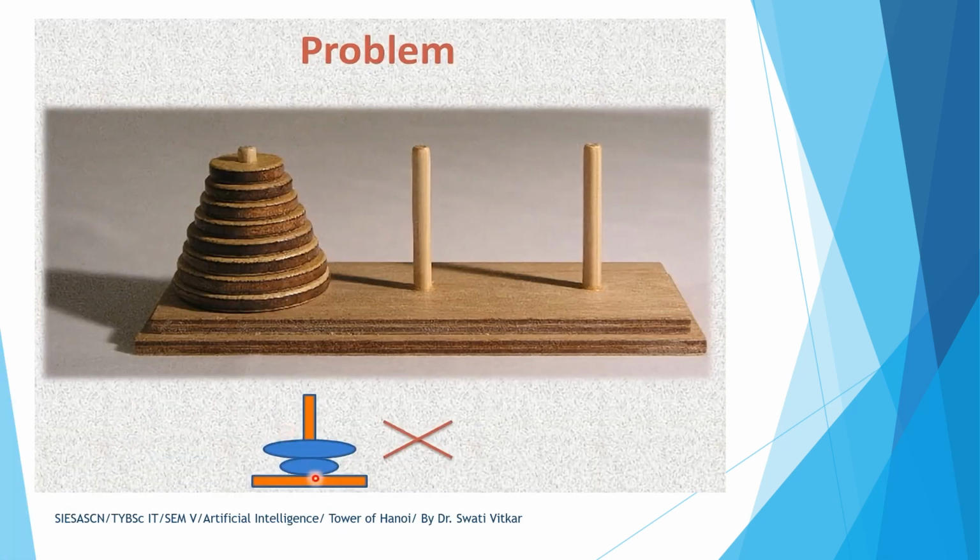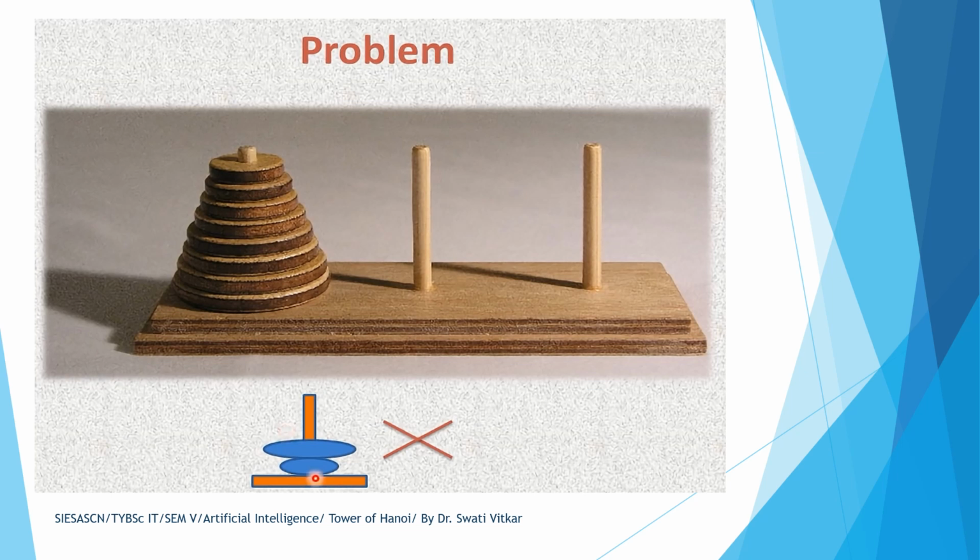given, and one of the towers has a stack of disks in decreasing order of size from bottom towards top. We have to move all these disks from tower A to tower C, and at any moment a larger disk should not be kept over a smaller disk.